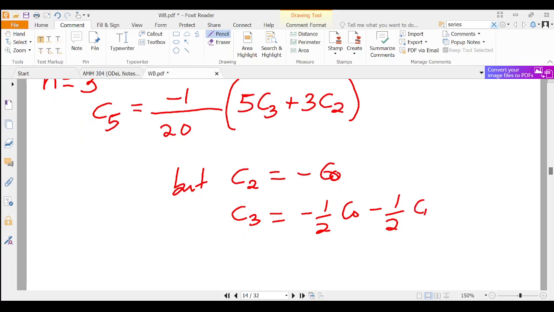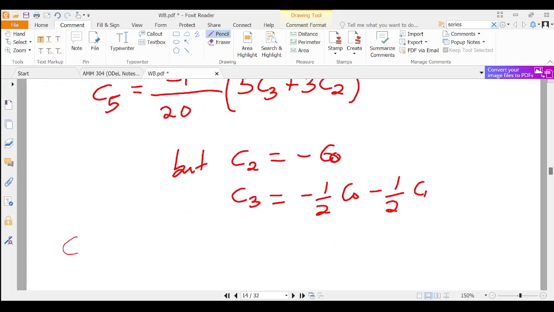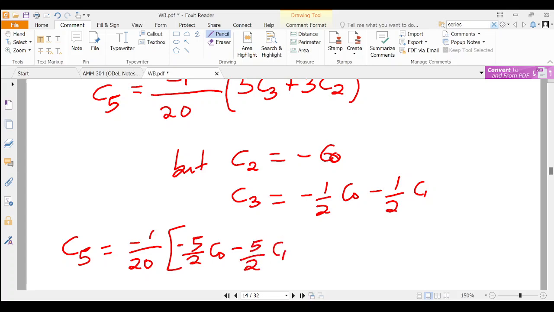So we can substitute this and get C5 becoming minus 1 all over 20. We have 5 all over 2 C naught, this is minus 5 all over 2 C1, then plus, or rather minus 3 C naught.